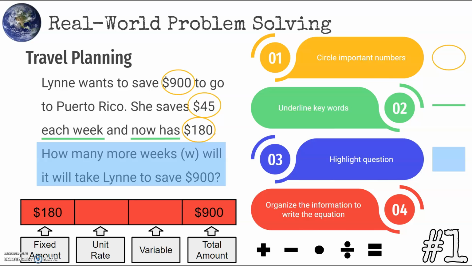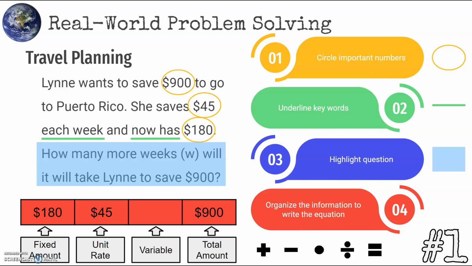We then usually in a word problem have a unit rate, the amount that we are going to multiply a number to. Here it says she saves $45 each week. Well, $45 each week means every single week she's going to save $45. That $45 is our unit rate, so we're going to put that down there. How many weeks? We don't know.